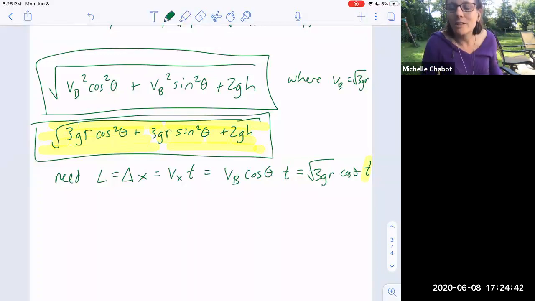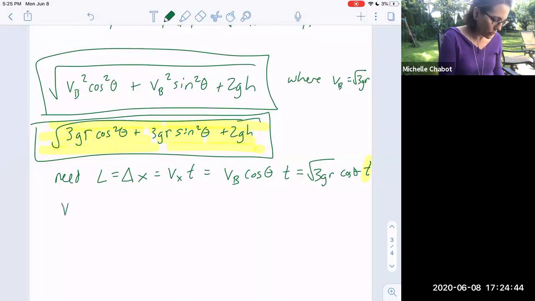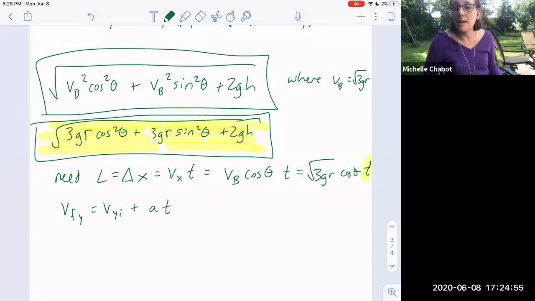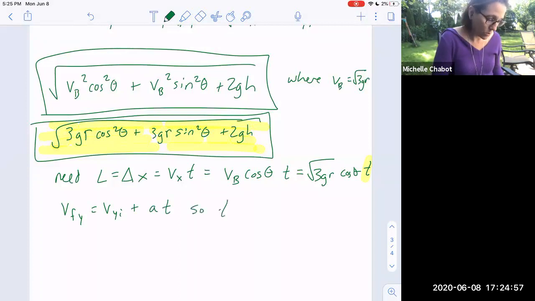So what I can do is then just use the first equation. V final in Y equals V initial in Y, and then plus acceleration times time. So time equals V final Y minus Vy initial all over acceleration.